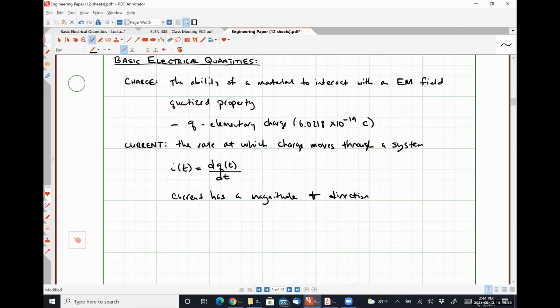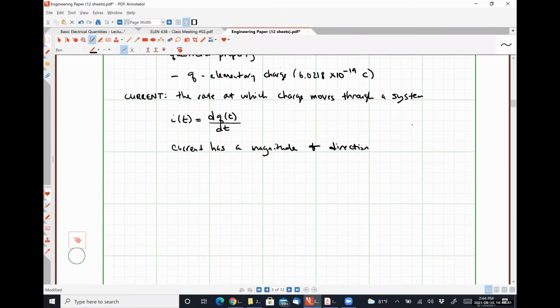So what I mean by that is that if we have a generic circuit element, element A, and I say that there is a current of 3 amps flowing through it, I've only specified its magnitude, but we really don't know what else there is about it, right?